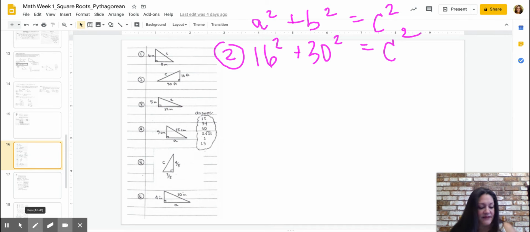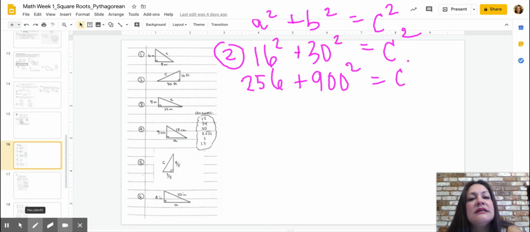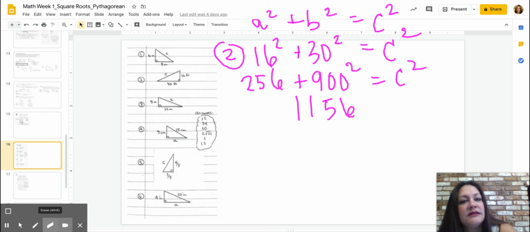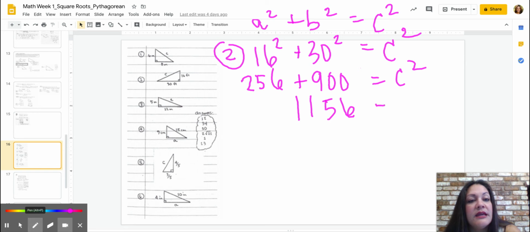I do not have 16 squared memorized, so 16 times 16 is 256, plus 900, same as 3 squared plus a couple zeros, equals c squared. I can add those easily, gives me 1,156 equals c squared.